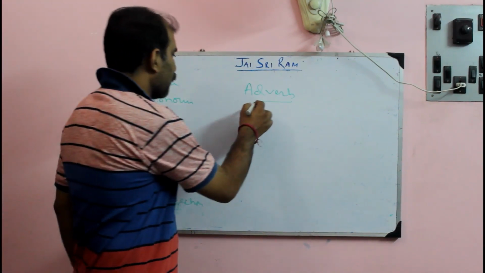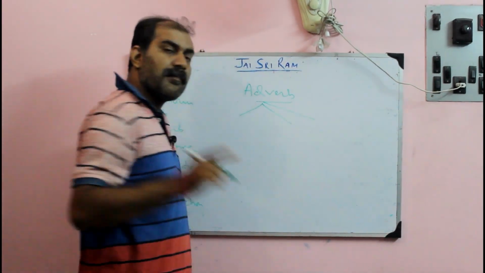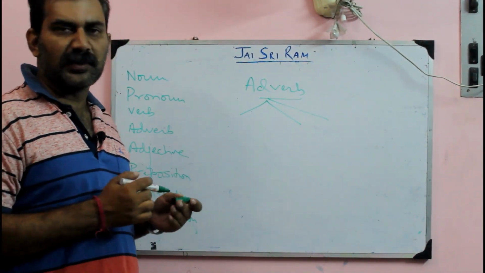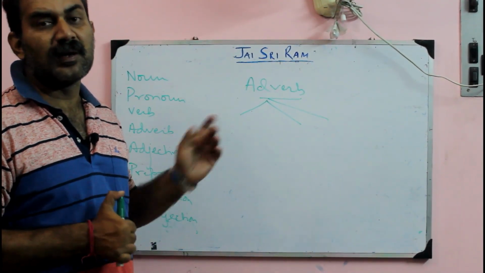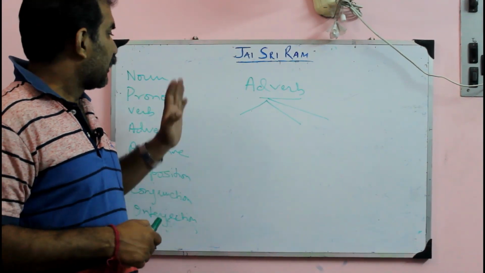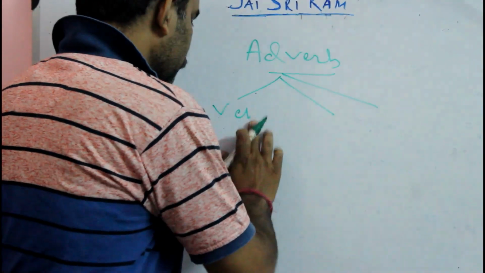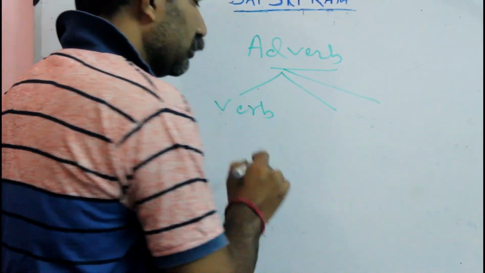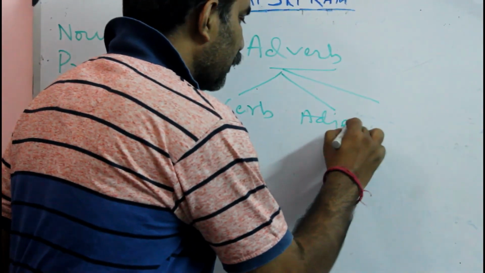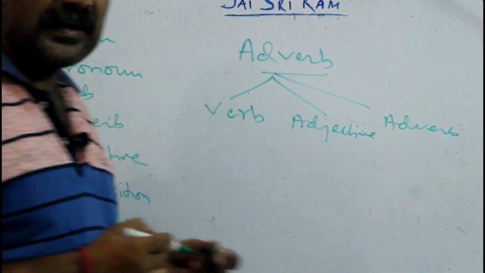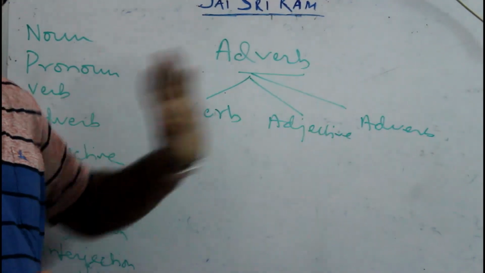An adverb is a word with the highest power of qualification in English. We have already discussed adjectives. Adjectives can qualify nouns and pronouns, but adverbs can qualify verb, adjective and another adverb. So an adverb can qualify a verb, an adjective and an adverb.